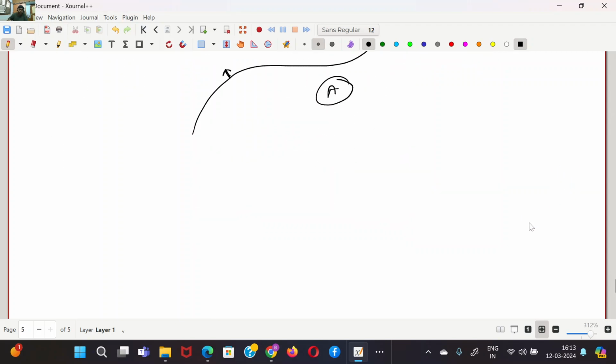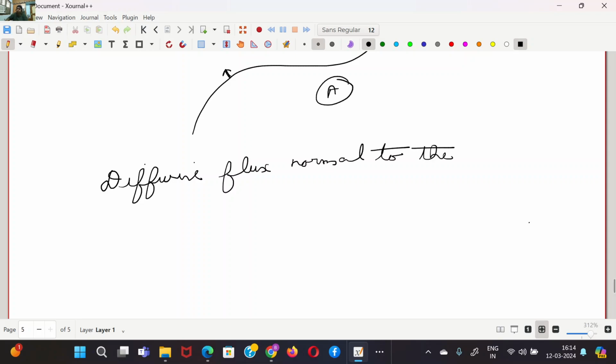I'll write it in words: the diffusive flux normal to the interface is continuous across the interface.